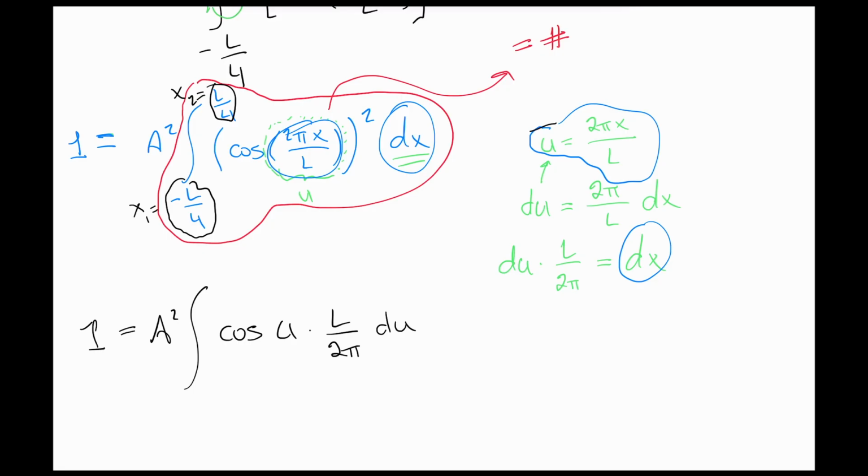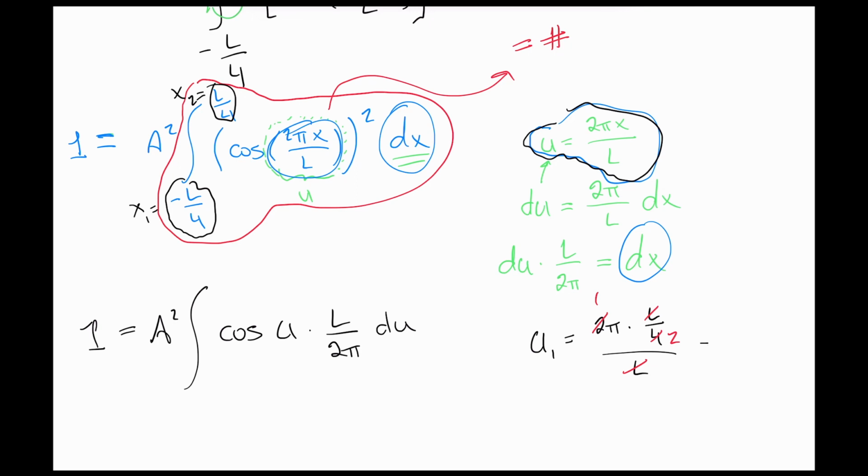Now, since we've changed to u, we actually have to change these bounds again. So we have u1 is equal to 2 pi times x1, which is L over 4, over L. So we could see actually the L cancels here, this 2 cancels with this 4, and it becomes 1 over 2.